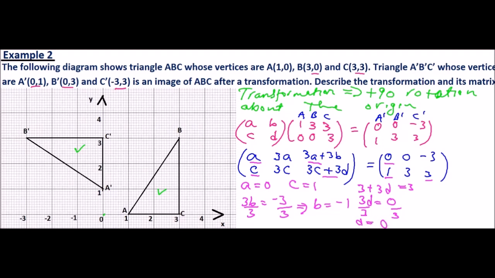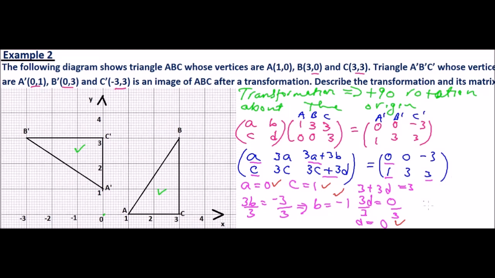So we have managed to obtain the 4 values. That is, our A is equal to 0, our B is equal to minus 1, our C is equal to 1, and our D is equal to 0.